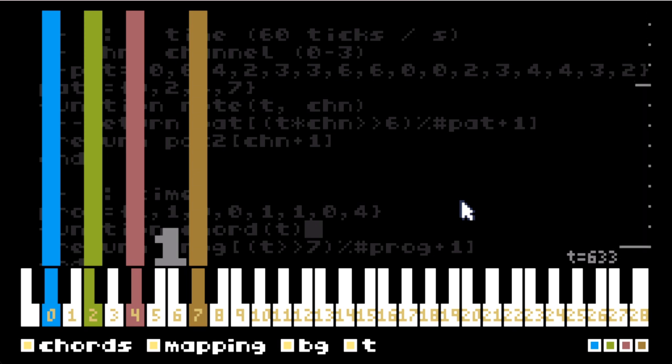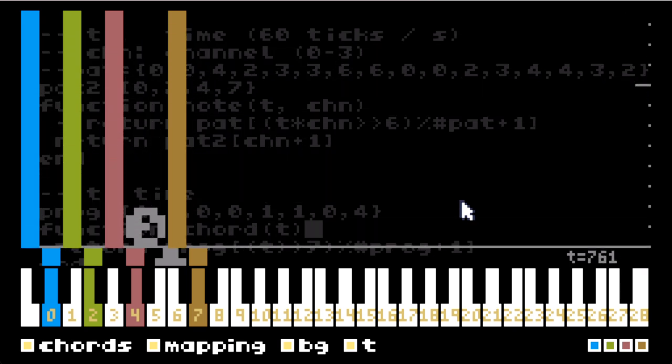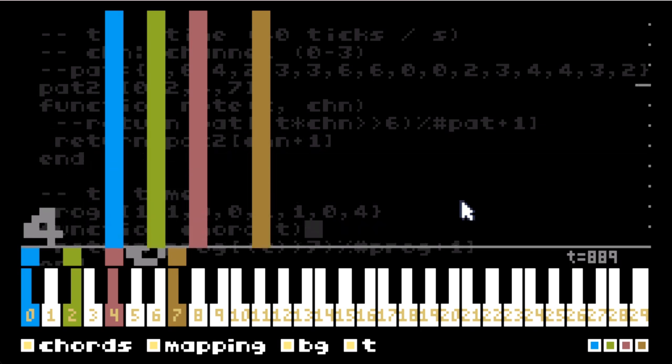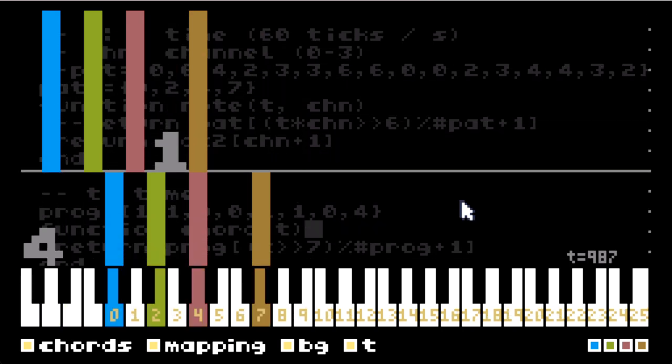So far so good. I mean, the voice leading is pretty smooth. We are moving up just by whole steps. But then this is the problem. So now when we have the 4 chord here, the whole thing jumps a lot.